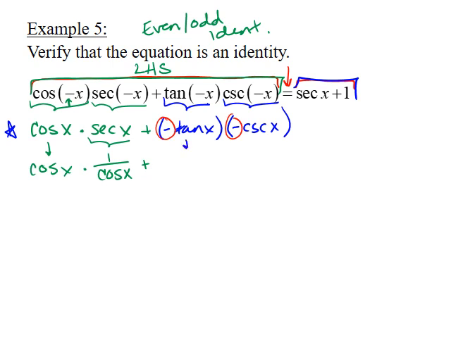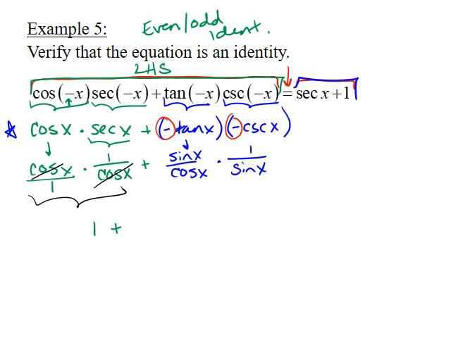But I'm going to rewrite tangent of x as sine of x over cosine of x. And cosecant, I'm going to write as 1 over sine of x. Now, hopefully you can see here that some things are going to cancel out. This cosine will cancel. This leaves me with 1 plus, over here, the sines cancel, and I'm left with 1 over cosine of x.